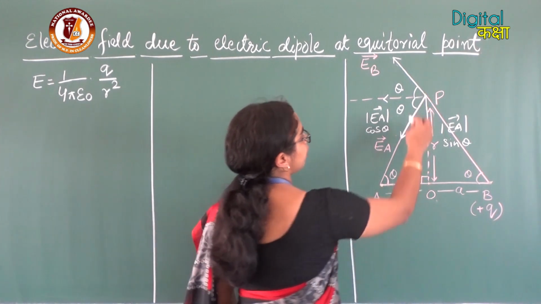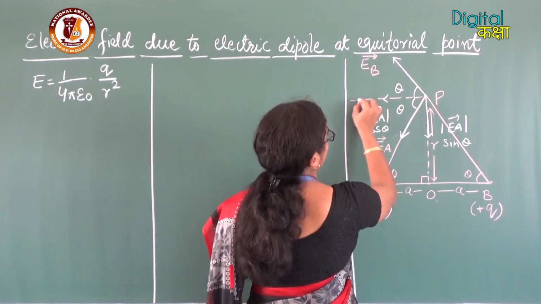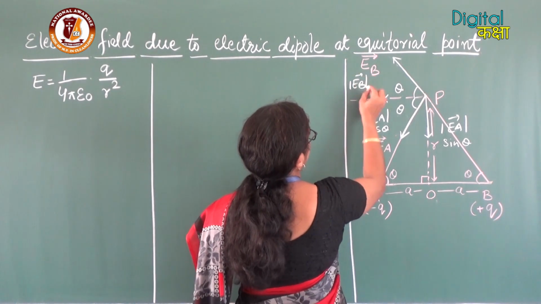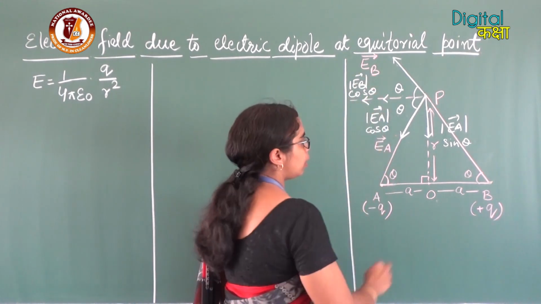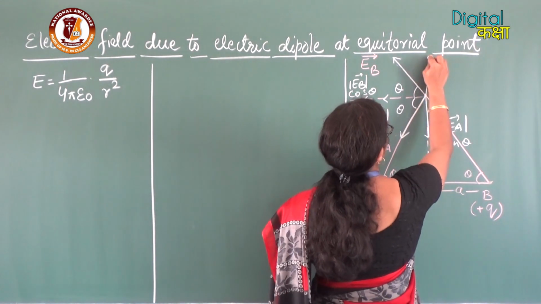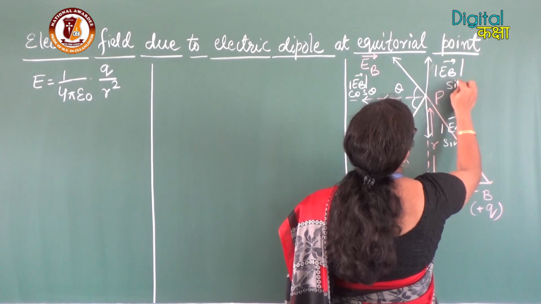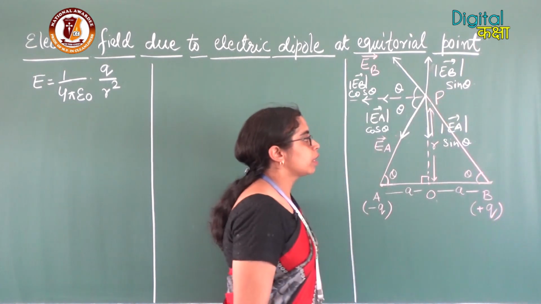Similarly, when we resolve vector EB, along this line we will have the component EB cos theta, and here we will have the component EB sin theta.